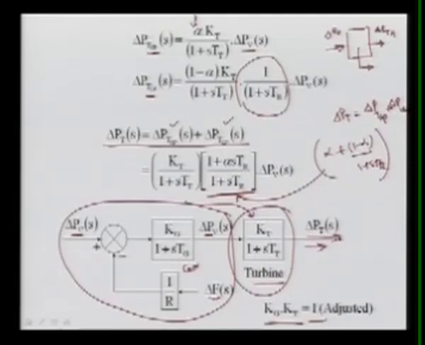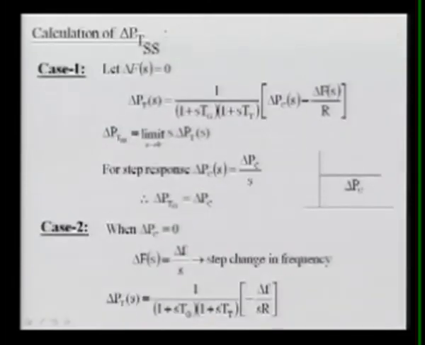Means if your governor gain Kg and the turbine Kt, we normally design in such a fashion that we can make it unity. So the multiplication of this will be unity, and we will see in the later part as well.